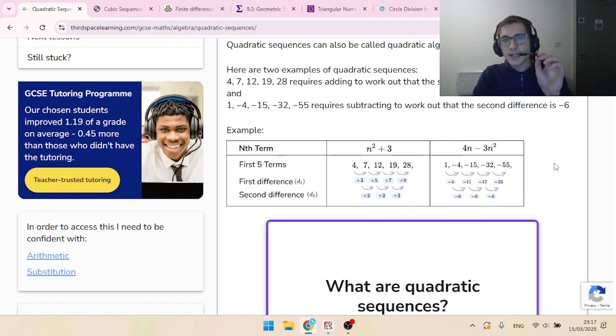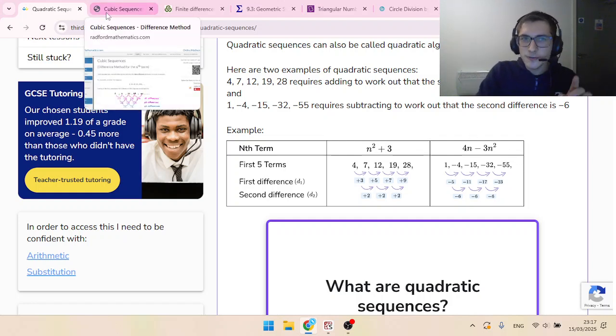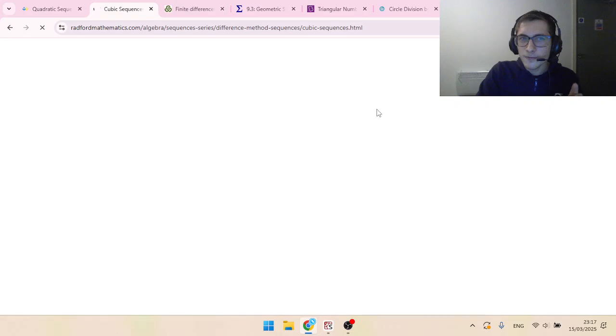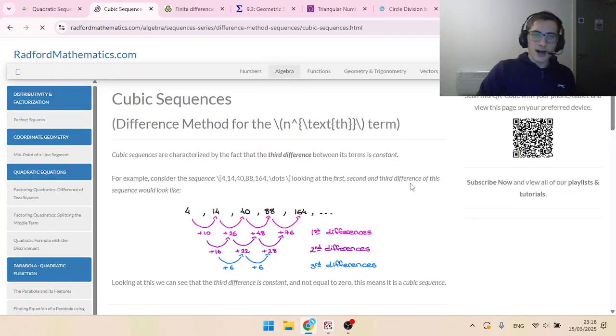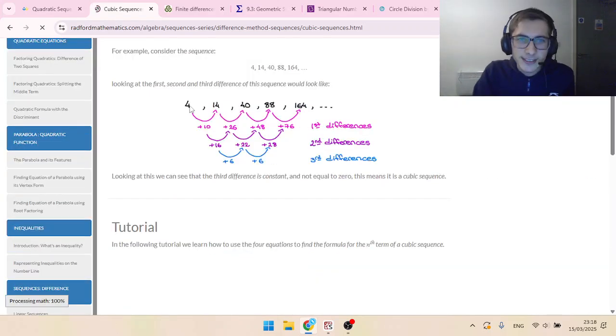Now, it just so happens that the same is true for cubic sequences. As you can see, the very same thing is happening here.